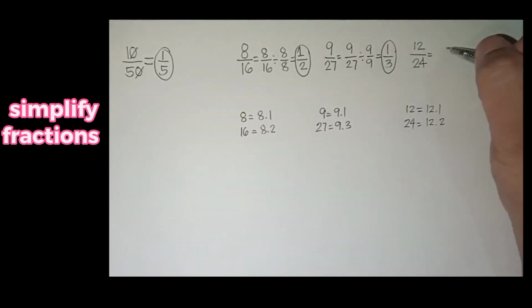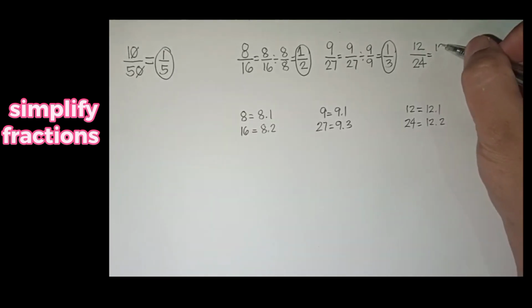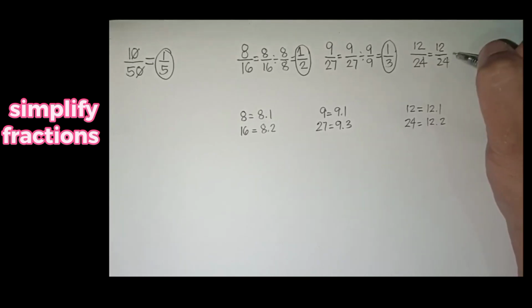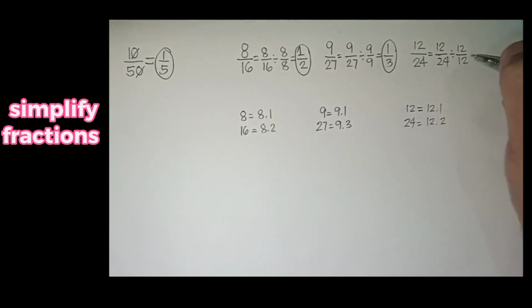So we just simply have to divide 12 by 12, and also 24 will be divided by 12. So 12 divided by 12 is 1, and 24 divided by 12 is 2. So the answer is 1/2.